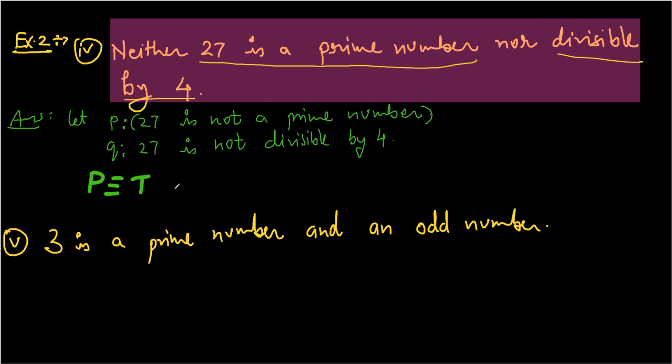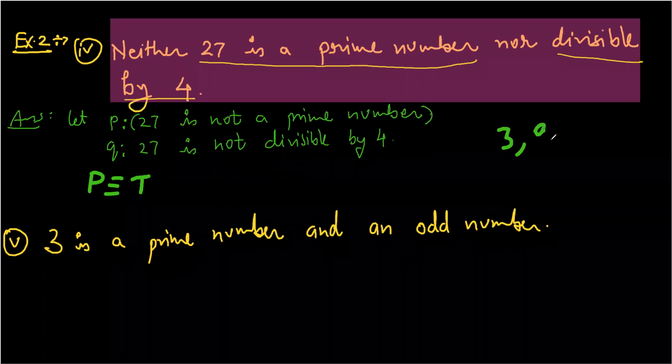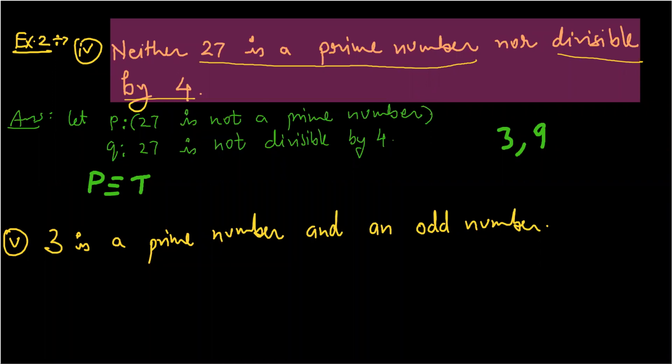Those numbers which have the factors as 1 and themselves. 27 has factor 3, it has factor 9. So definitely 27 is not a prime number, it is true. Okay, then we have Q. What is the truth value of Q? 27 is not divisible by 4. That is again true.